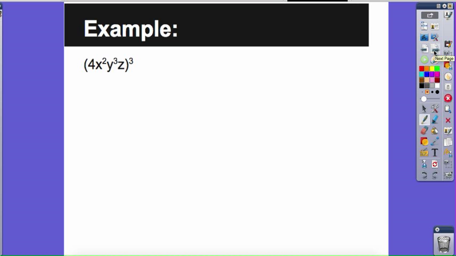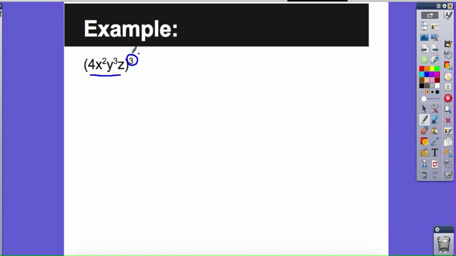Now we're going to ramp things up in difficulty just a little bit. The thing to remember, just like we talked about before, is that each of these terms is kind of its own separate thing. Each of these terms inside of the parentheses here is getting this third power. Each of them has that exponent.